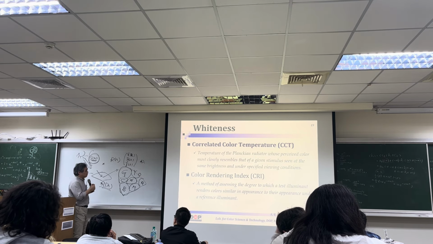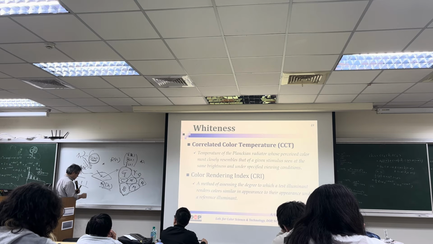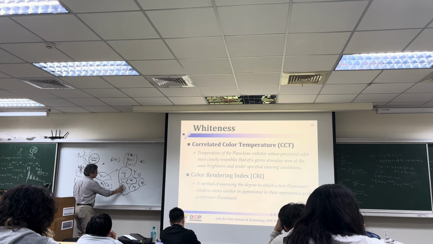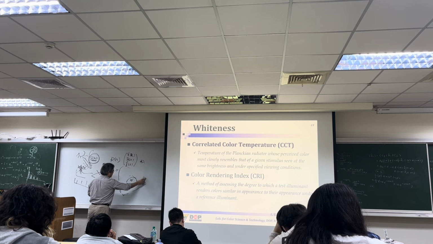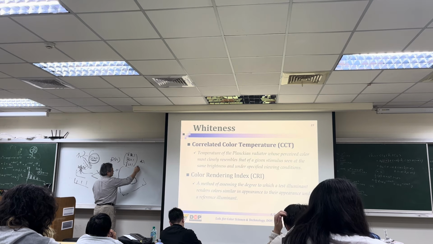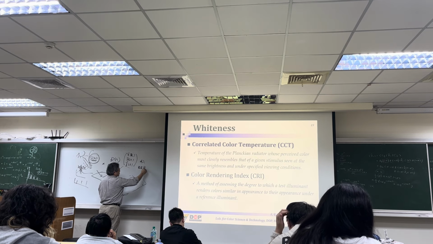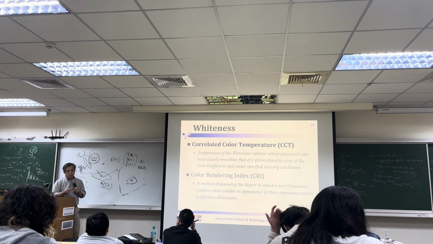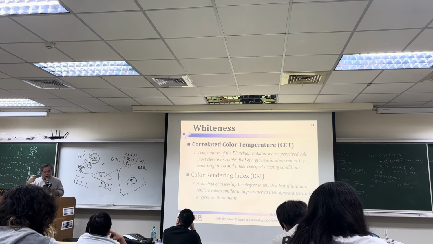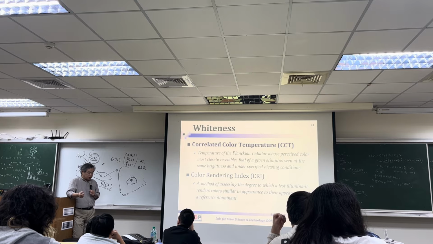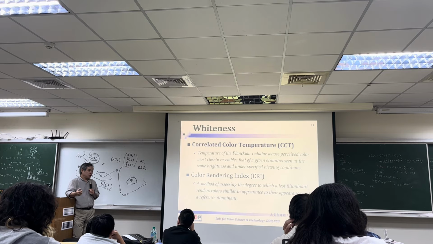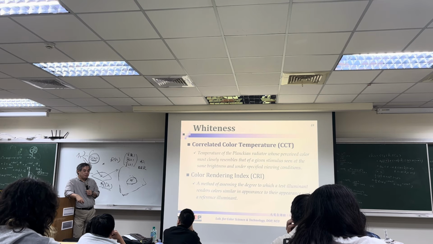So how to describe the different whites? We use color temperature. Because we have the black body radiation in nature. Black body radiation means every kind of material, if they have the same temperature, will emit the same spectrum of optical radiation.